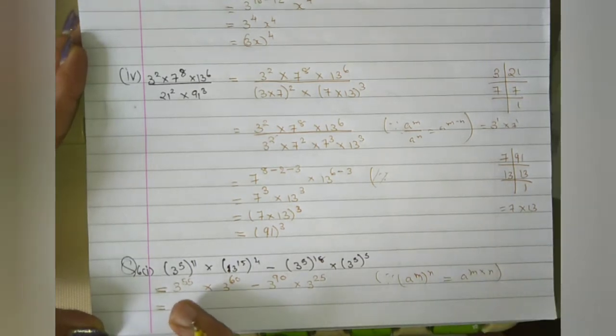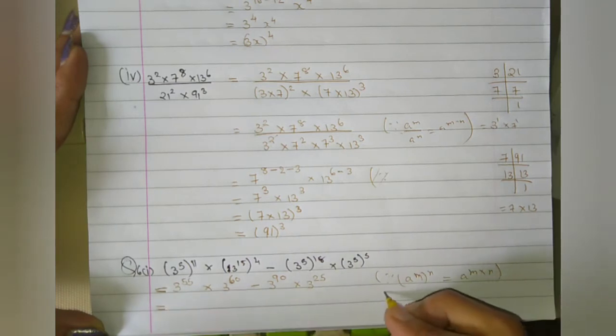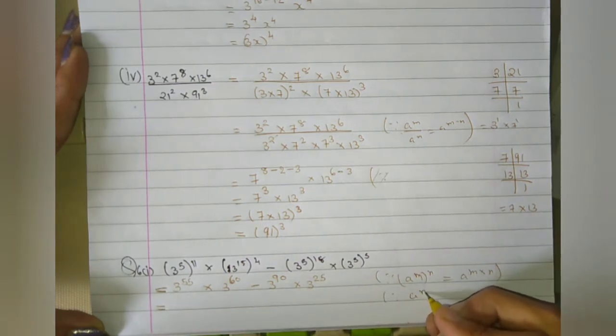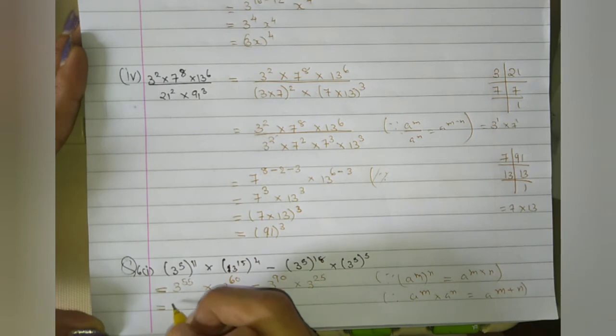Now last we have given in multiplication, so we will add it. So which law we have to use, a raised to m multiply by a raised to n equal to a raised to m plus n, so we have to add it.